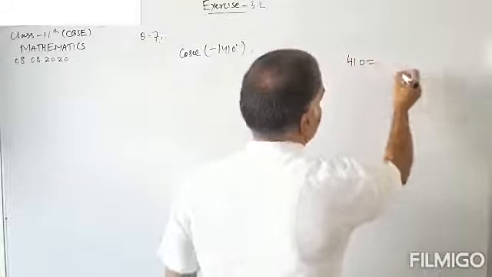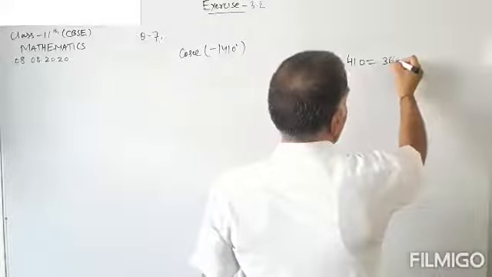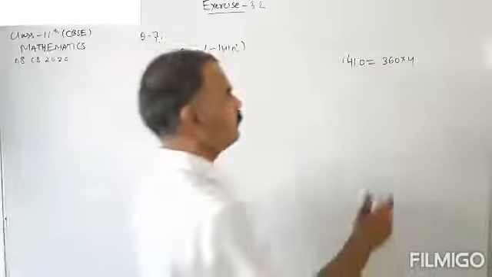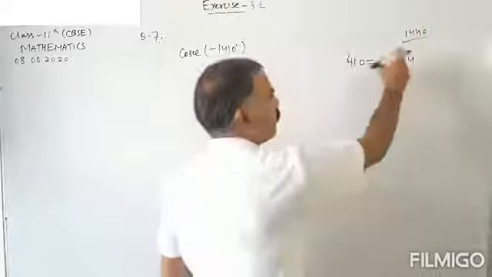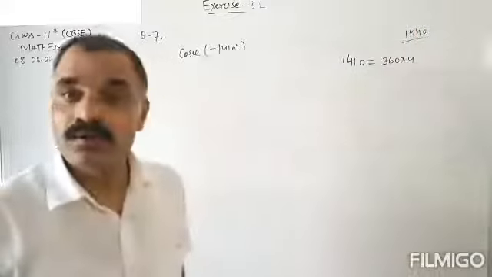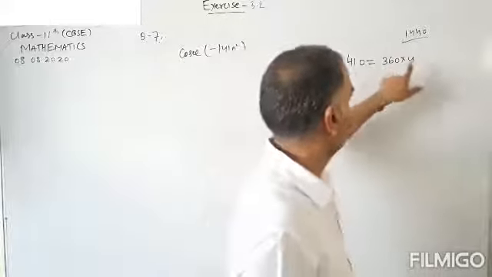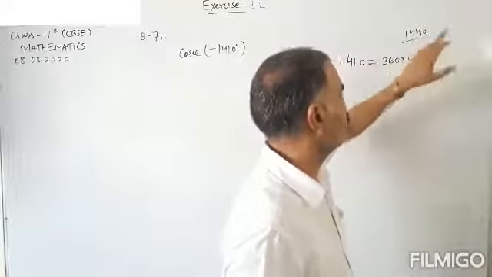1410 is equal to 360 into 4. 360 into 4 is equal to 1440.